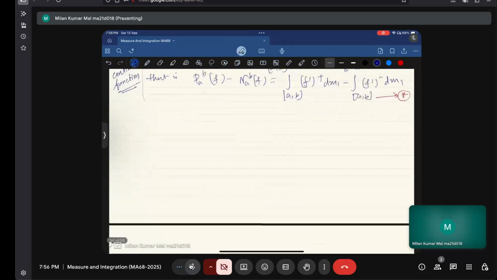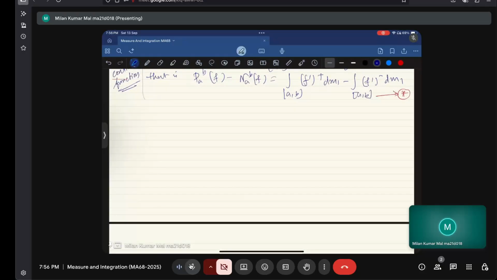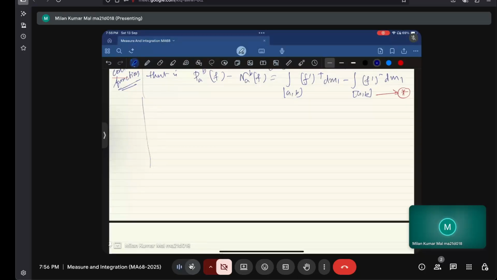These are all true for absolutely continuous functions. So the below things also, whatever I will write, are for absolutely continuous functions.